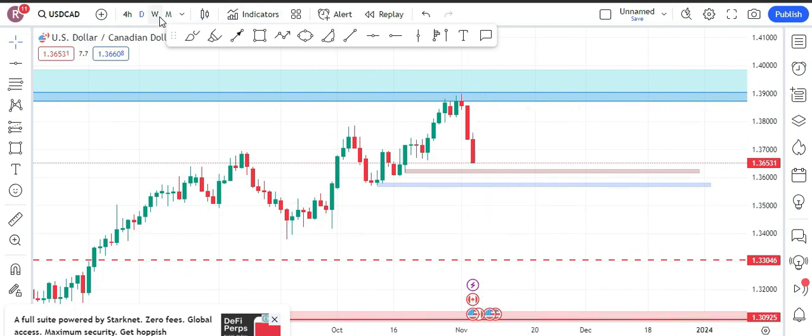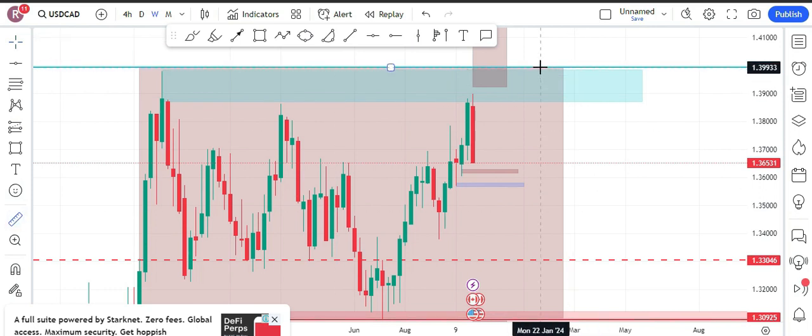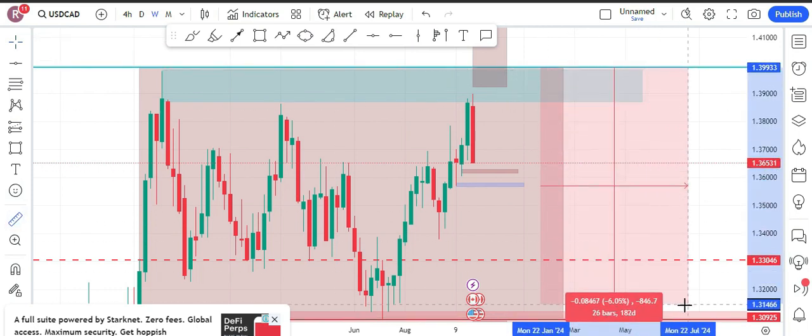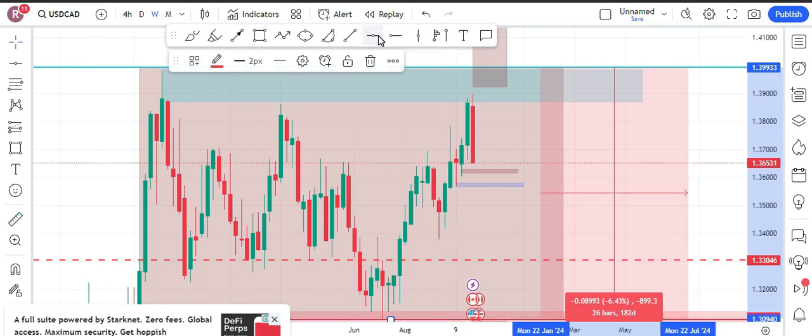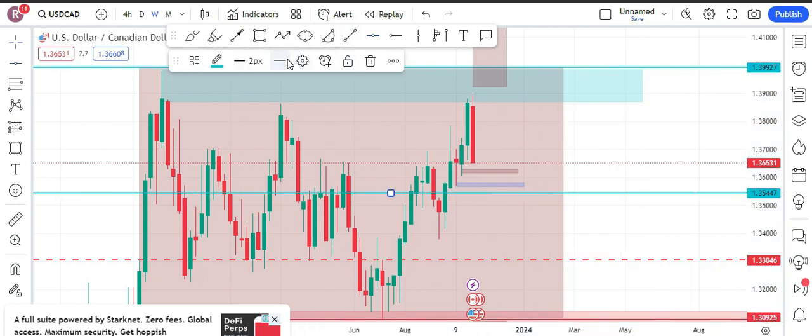So coming back to week, if we see this range currently, and if we measure half of this range, we can have a 50% here. The 50% of the week.